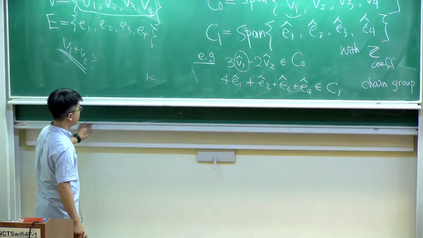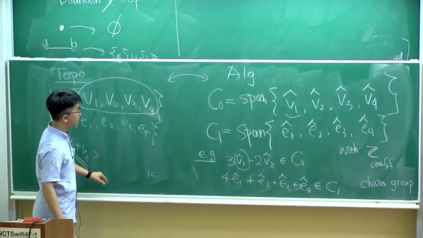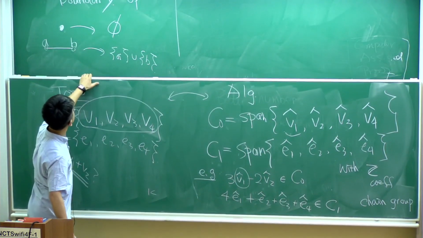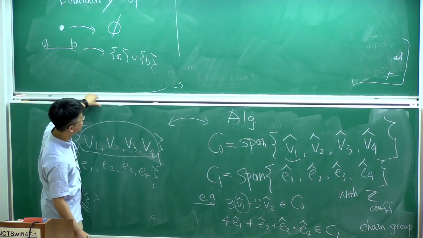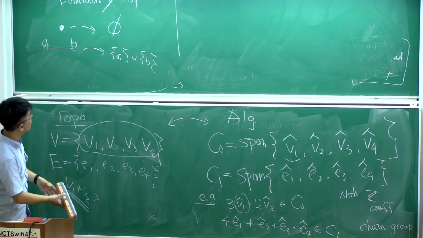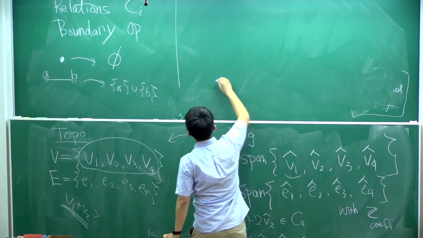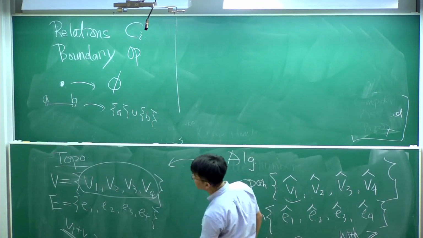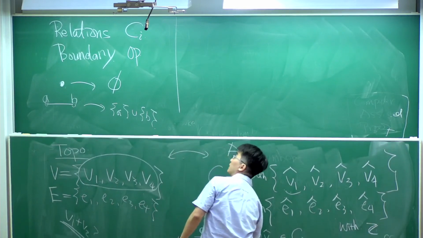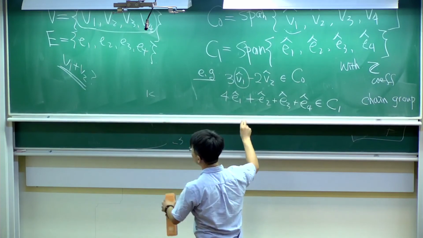Now, in the algebraic world, how do we represent that? Okay. So in the algebraic world, I'm going to write, I'm sorry, I have to move up. This is the endpoint, all right?